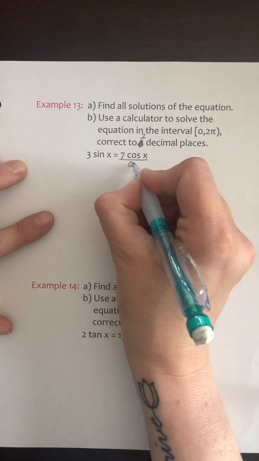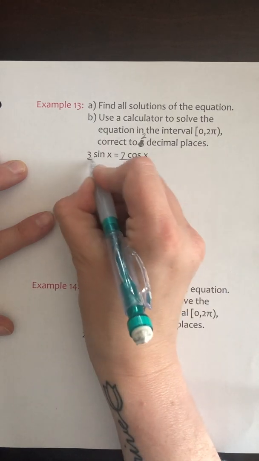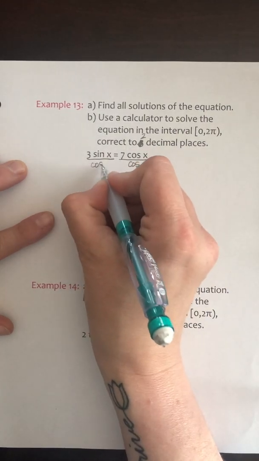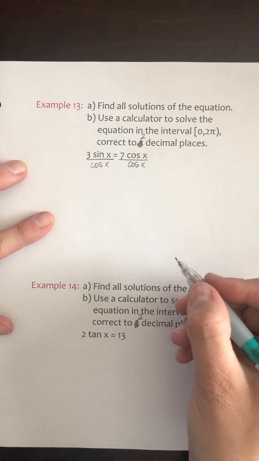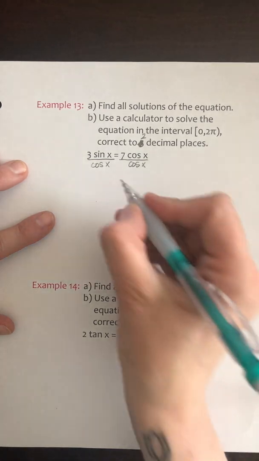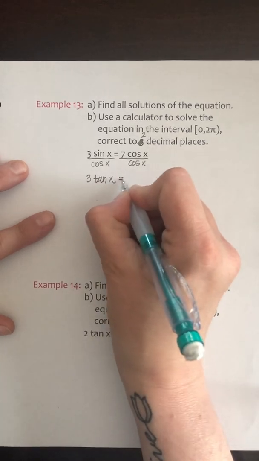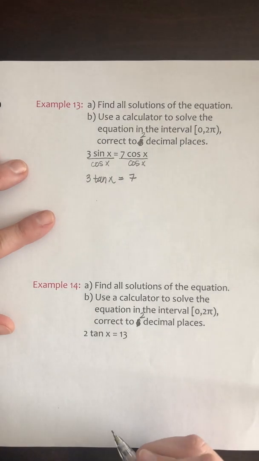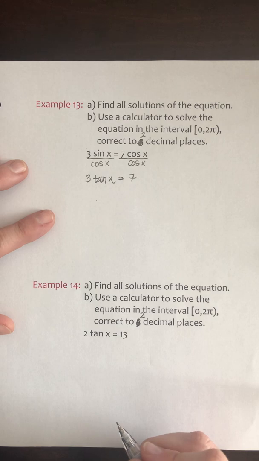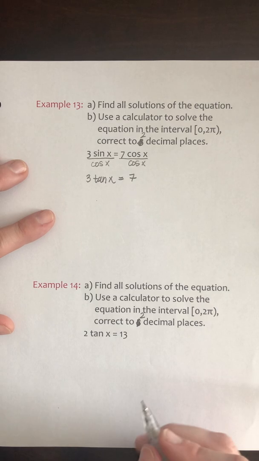I'm going to divide by cosine x, and you might be wondering, why are you going to divide by cosine? Because I know that sine over cosine turns into tangent. So let's change it so that we just have a single function instead of having 2 different functions that we can't turn into one another.